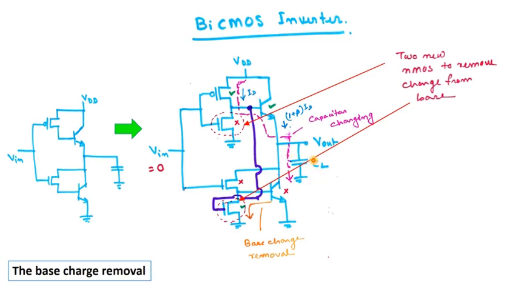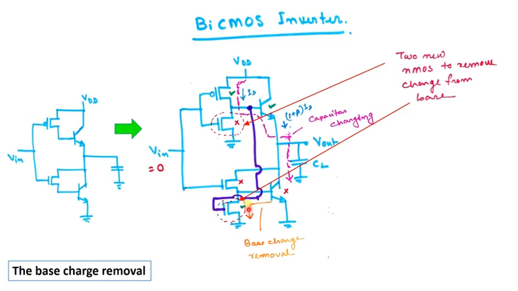Now, what is the function of this additional transistor that we have added? So for this particular transistor, it is off now, so it is not performing any action now.